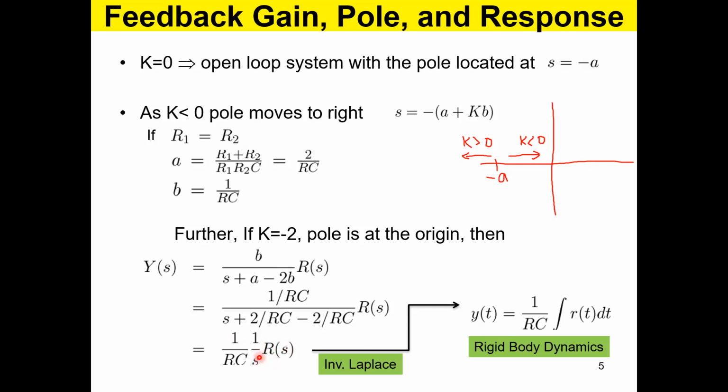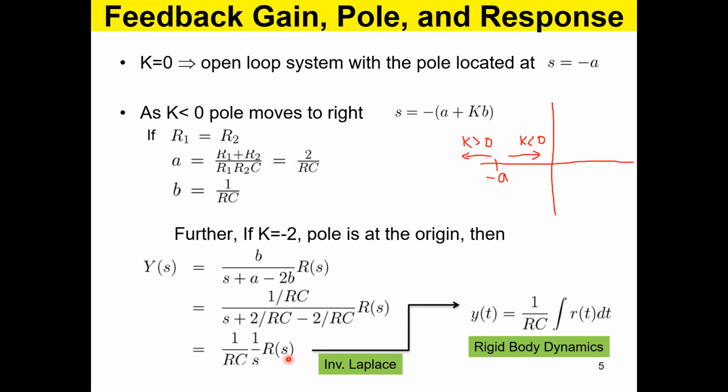So what does it say? 1 over s R(s) means, as you know, 1 over s comes when what happens in time domain? Does anybody remember that? When you see 1 over s R(s), what is it in time domain? Impulse? No, this is 1 over s R(s). 1 over s R(s) is not just 1 over s. 1 over s means a step signal, but 1 over s R(s): there's an input signal R(s), and in front of that there is 1 over s.